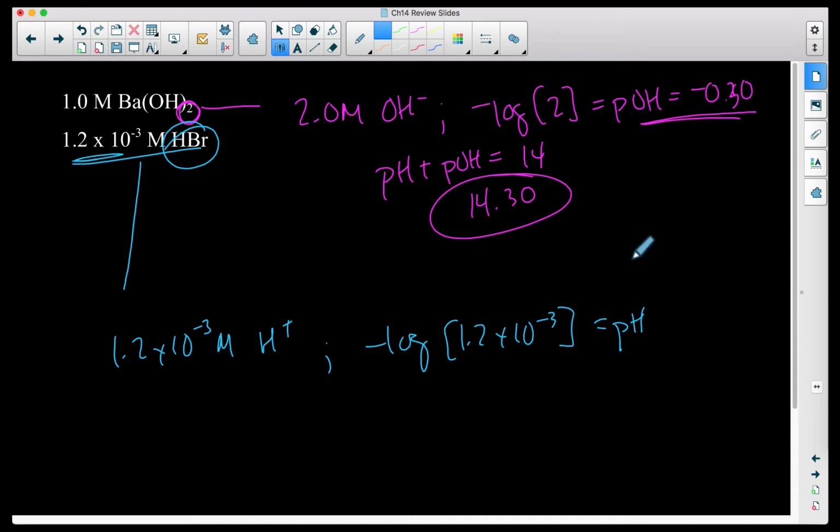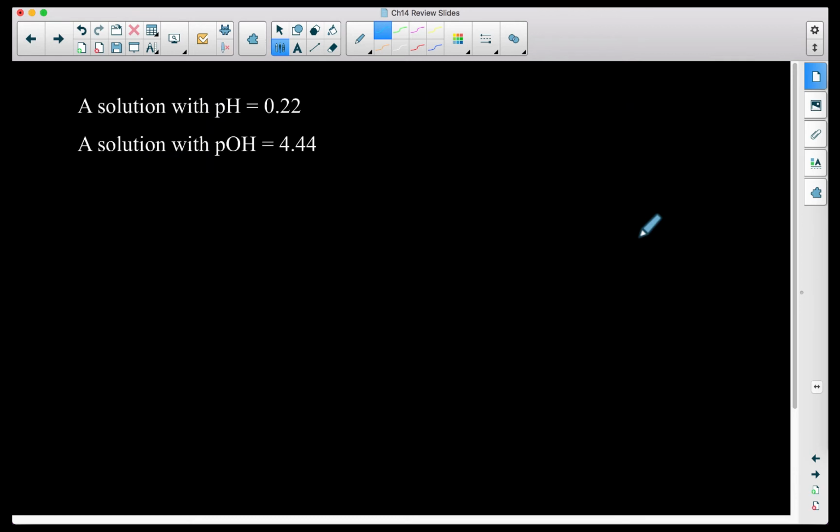All right, next up, a solution with a pH of 0.22. Here we're trying to find, I think I asked you for, the hydronium ion concentration. So basically we need to think about how to undo that.